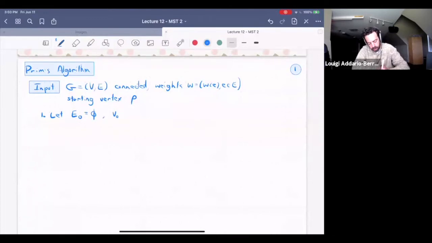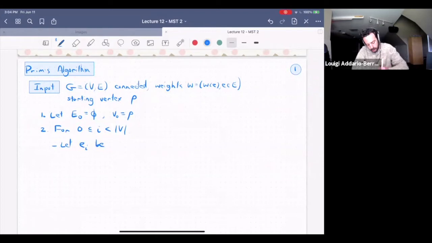So initially there are no edges and just one vertex, which is this starting root vertex rho. And then for each non-negative integer i less than the number of vertices, we take the smallest weight edge connecting all the vertices we've added so far to the rest of the graph.